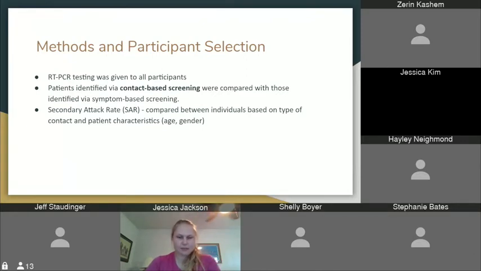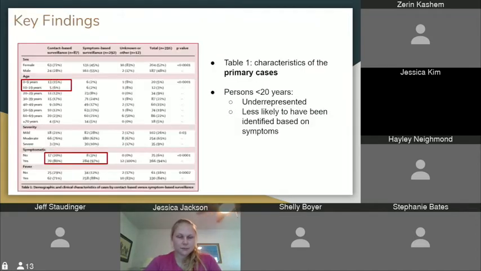And then it was more of a mix with the second group. Then they calculated a secondary attack rate, which was the rate at which a person who had one of those defined types of interactions became sick after interacting with this individual. And then it mapped out their characteristics.